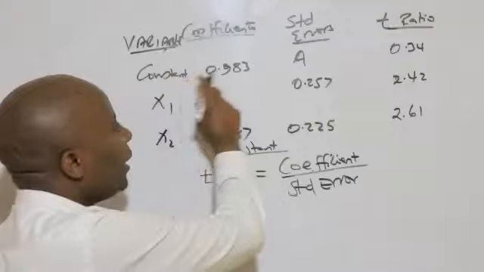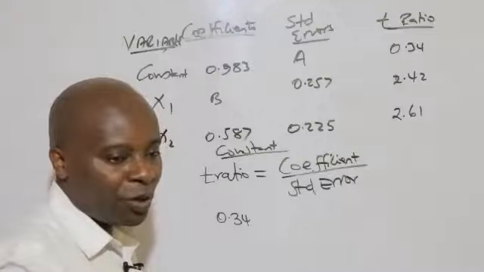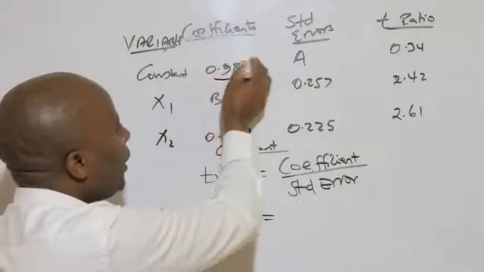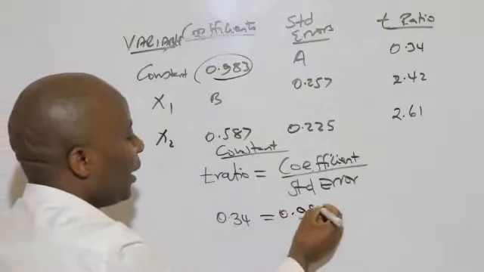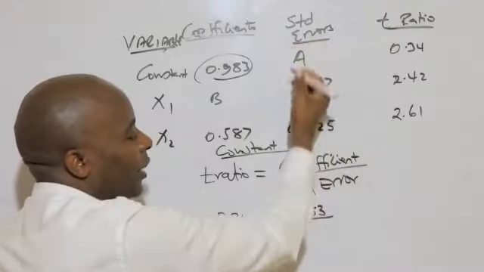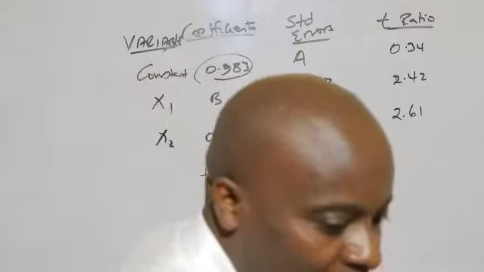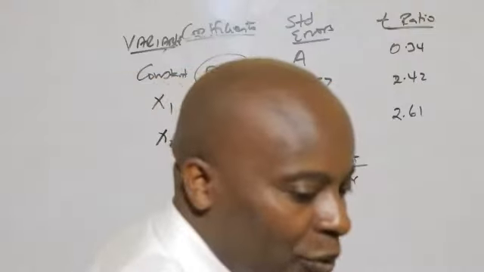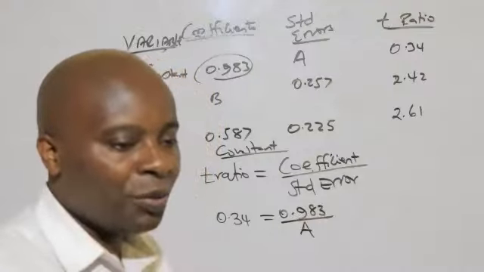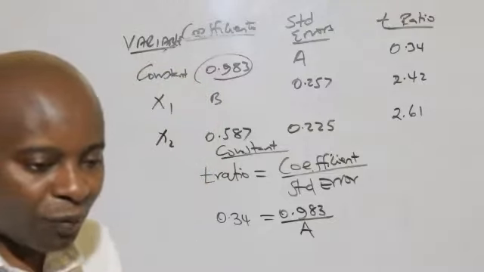For the constant here, they have given me its T ratio, it is 0.34, which will be equal to the coefficient 0.983 all over the standard error, which is A. So your work this morning will be to make A the subject of the formula.